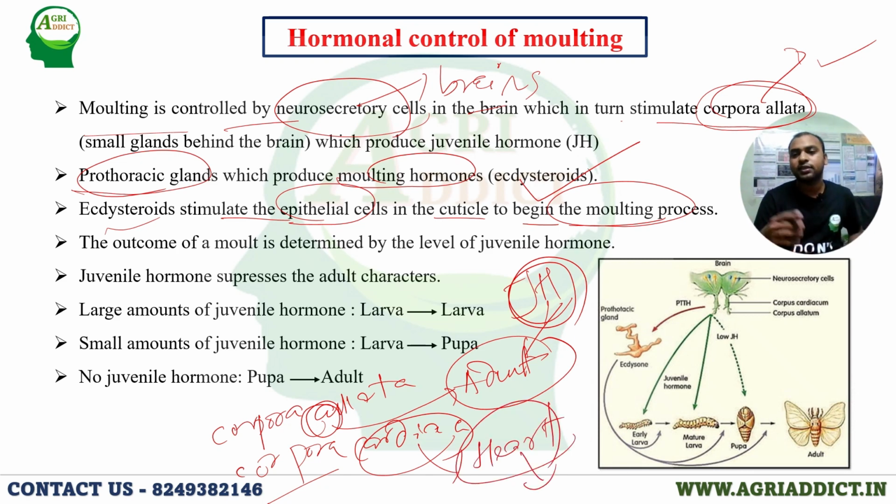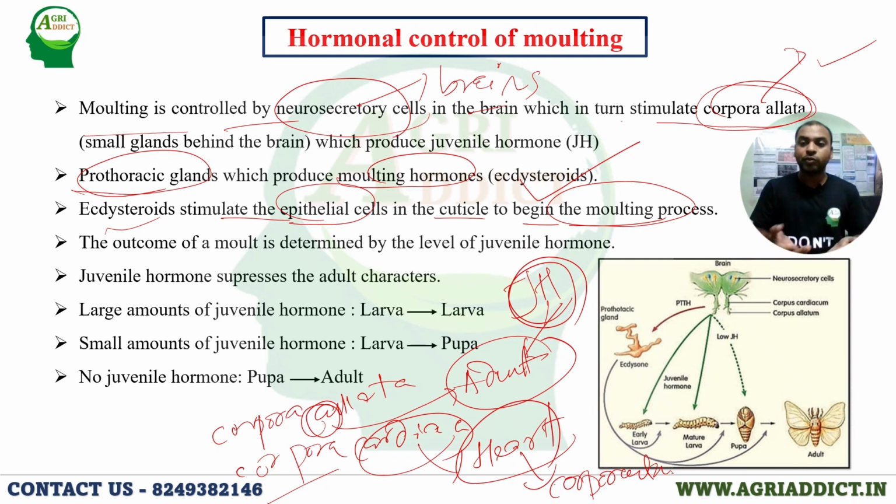So when there is a function related to heart, that is the function of corpora cardiaca. So remember corpora allata means adult. When the juvenile hormone concentration is much more, the larva will be larva only, not pupa. That means it will not come to the adult.